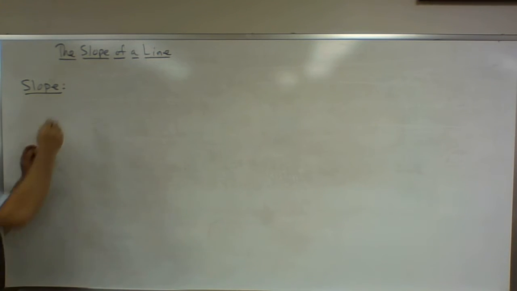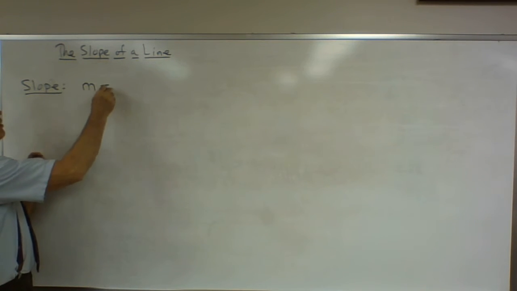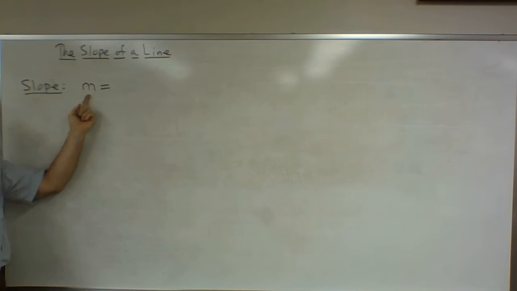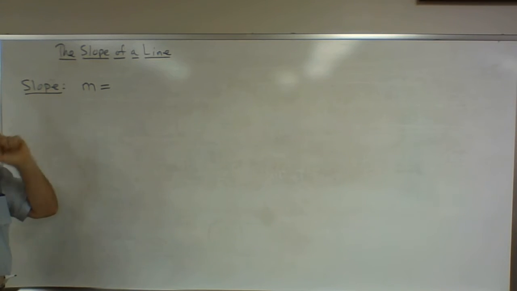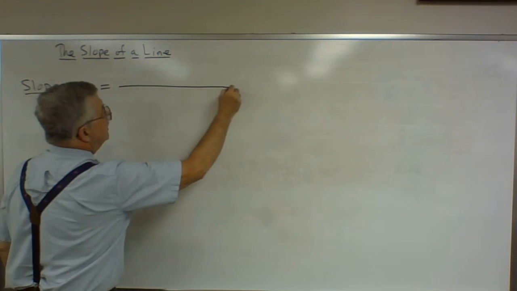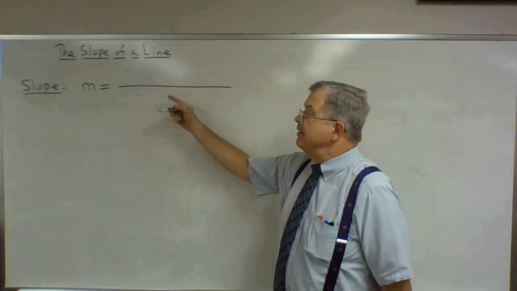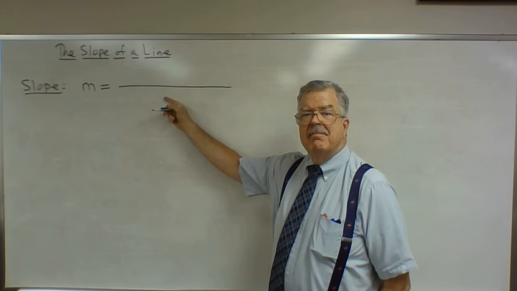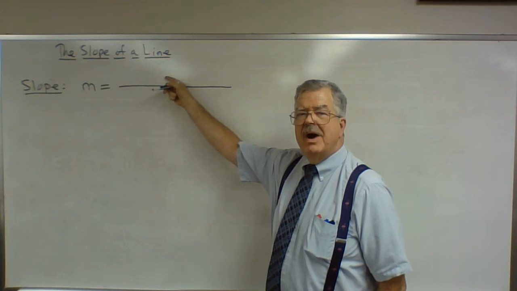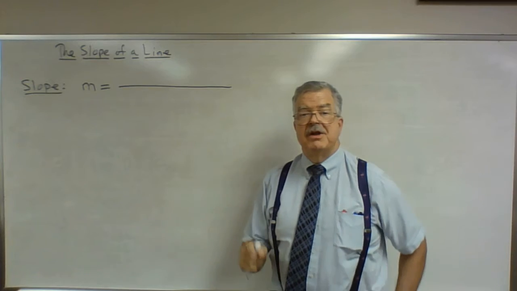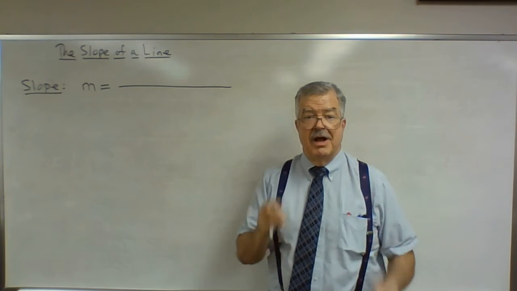First of all, we denote the slope with the letter M. When we're talking about lines and we use M, we're talking about the slope. And just in terms of common sense language, the slope measures the change in the y value divided by the change in the x value as we go from one point to another on the line.